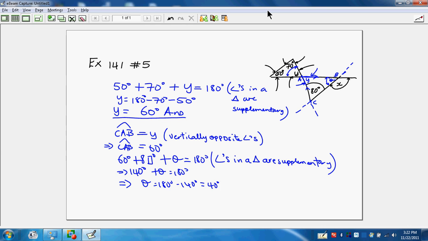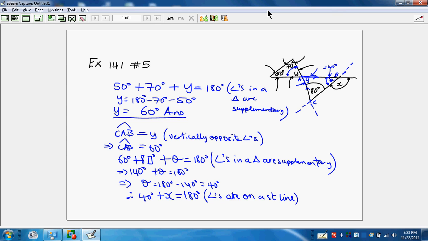So we know that theta is now 40 degrees, then we could easily find what x is by saying 40 plus x must be equal to 180. And the reason is that those two lie on a straight line. Okay?